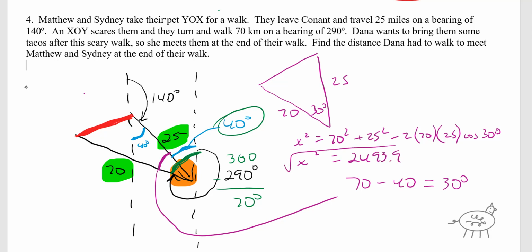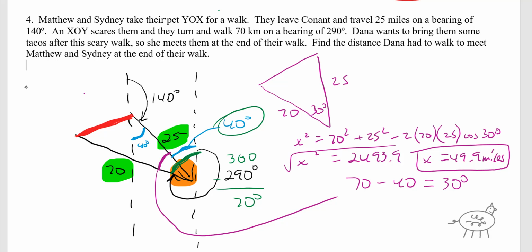So take the square root of both sides. So x comes out to be 49.9 miles. Okay. So that's how far Dana had to walk to meet Matthew and Sydney and give them some food. All right, some tacos, yes.